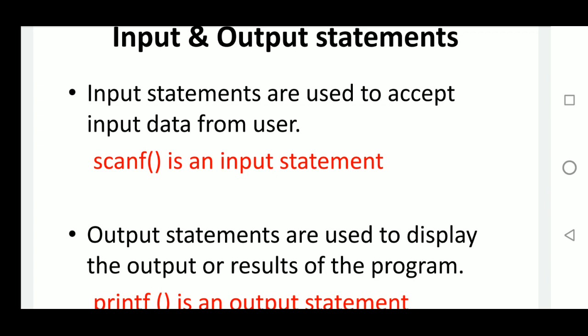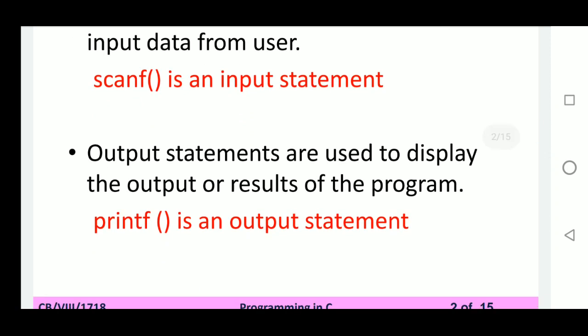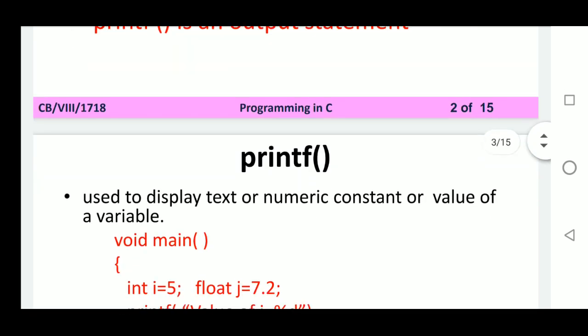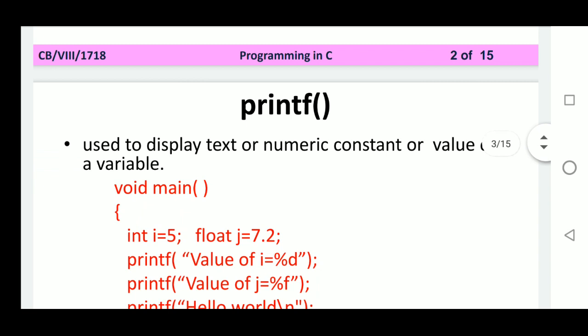The example is given here: scanf is an input statement. We already saw the output statements in a previous class. Printf is an output statement by which you are able to display the output or result of the program while the program is executing.